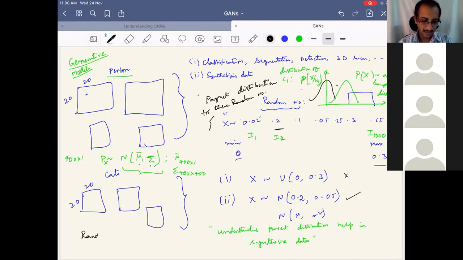The random sample is the image, equal to a random vector: a d cross 1 image, say root d cross root d, equal to d cross 1, in R^d. This is the random vector, and its distribution is what we are capturing.